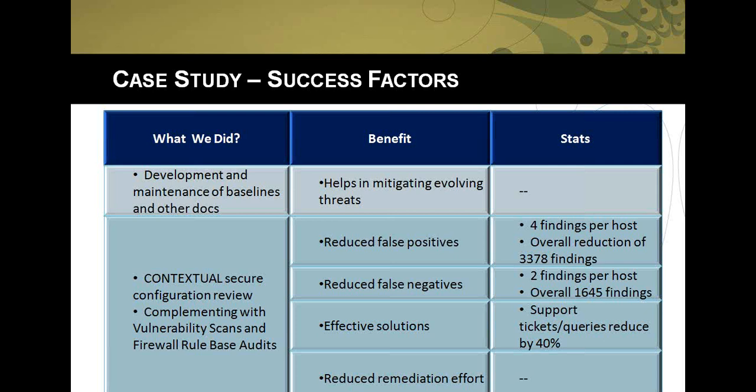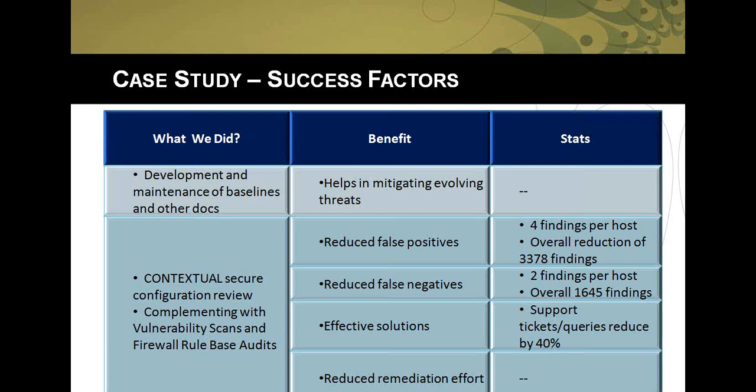We derived this result from the metrics wherein we were tracking the total number of vulnerabilities we were reporting and the total number of vulnerabilities per asset. So if you see, on an average, 4 vulnerabilities per host were reduced after introducing contextual vulnerability assessment, or contextual SCM.